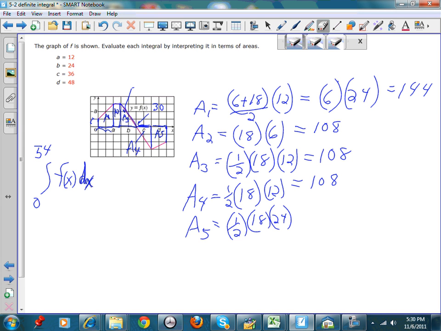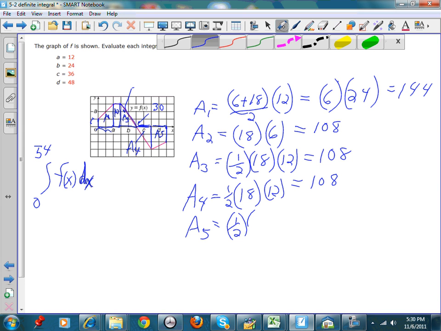It's the average of those two. It's going to be 1/2 of 18 plus 24, the average of the heights between here and here, times the width, which is 12. That's going to be 6 times 42, which to me is like 240, 252.